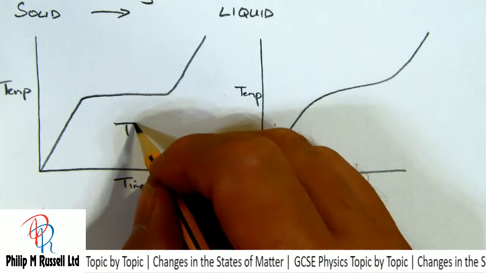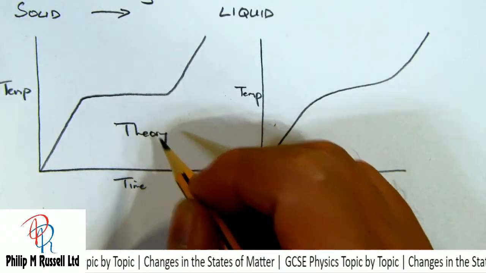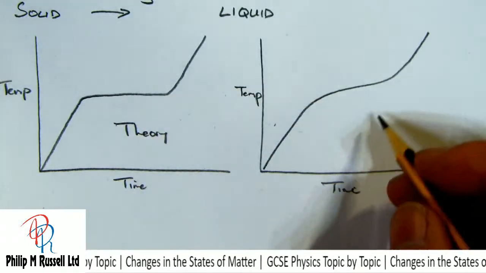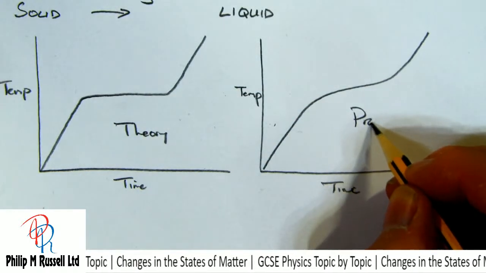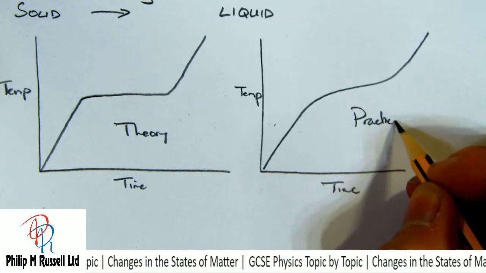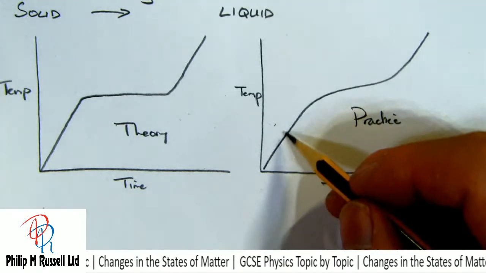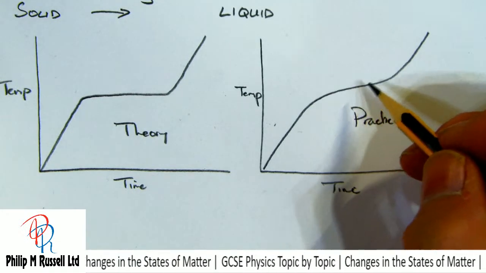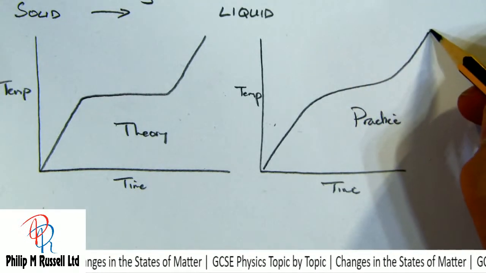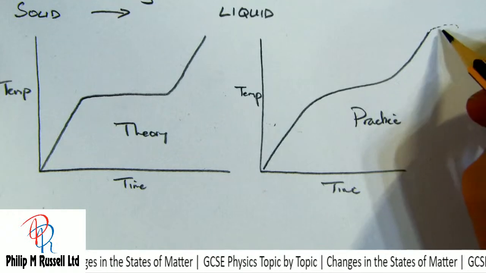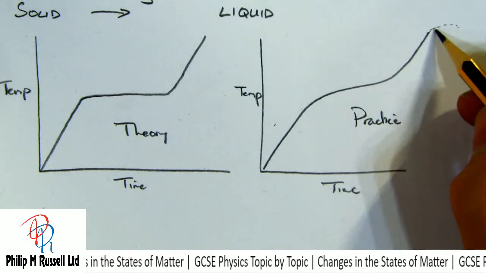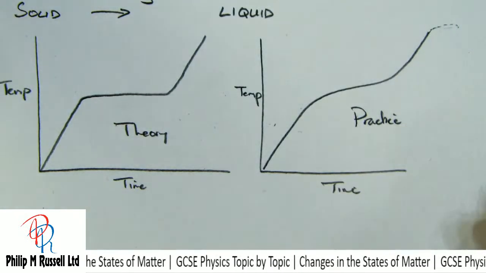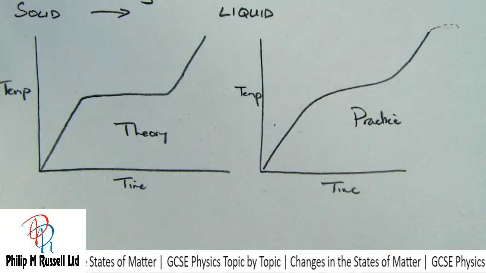So this is, if you like, the theory, what we expect with a few molecules, and this seems to be more what we get in practice, where we've got much larger amounts. And then in reality this has slowed right down here, because I can only heat my water up to 100, because otherwise it's going to undergo the same process.